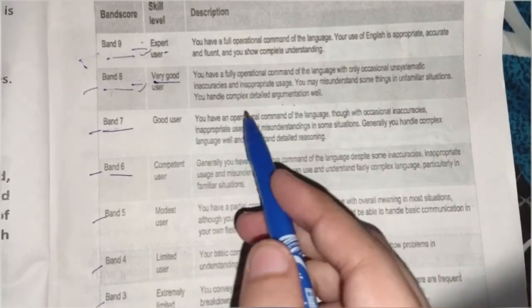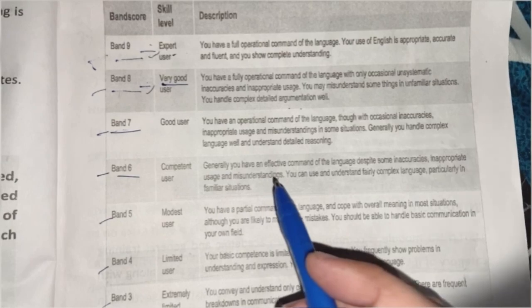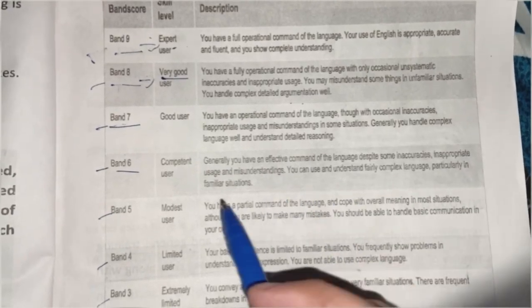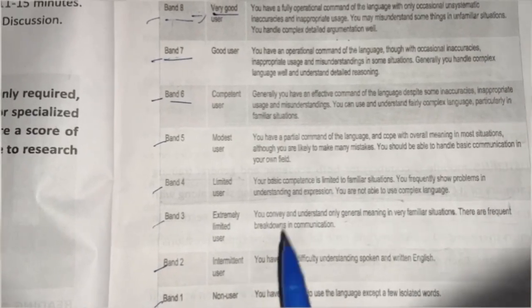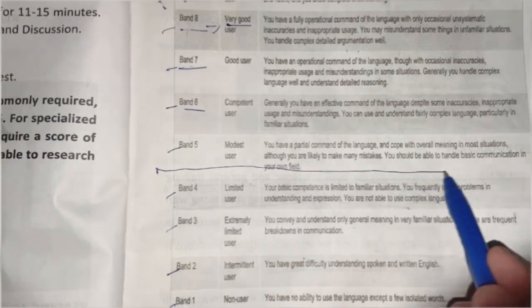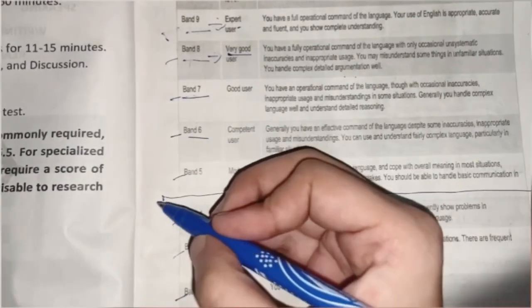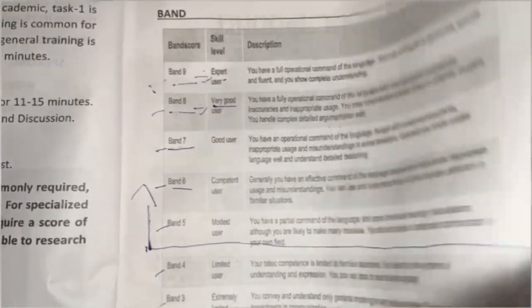That is good, but we should not go down to band 5, as it will not be efficient enough for going abroad. So you will have to score above band 6. You should prepare to achieve band 6 or a higher result, and we will be helping you in these steps.